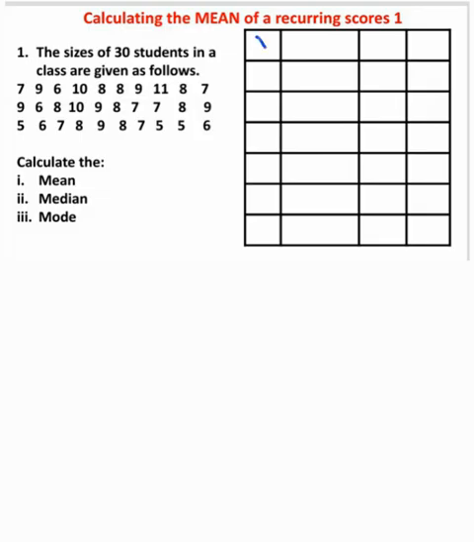We have the X, which represents the scores, and we are going to have a tally because the distribution is not arranged on a table. So we have a frequency, that is very important.